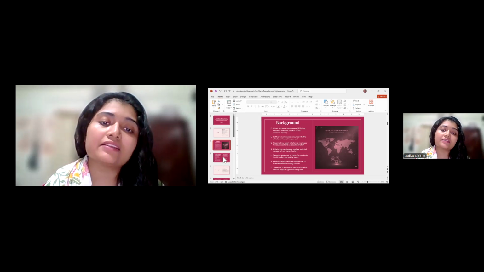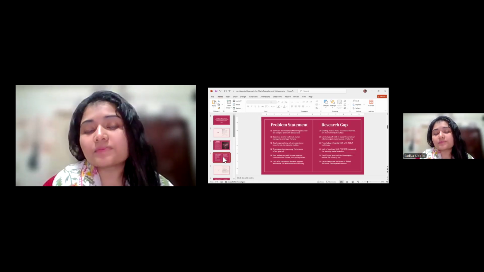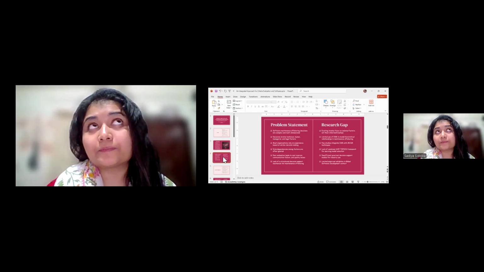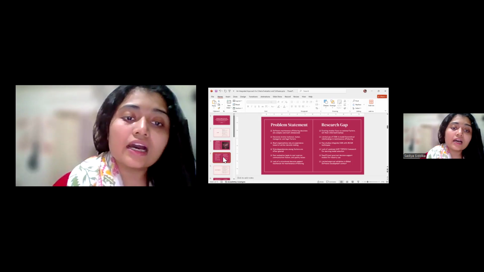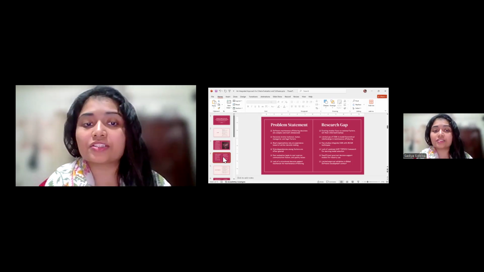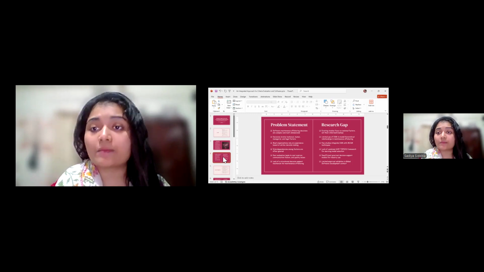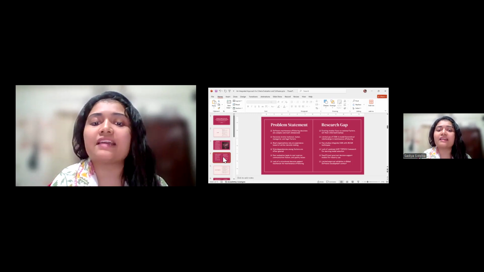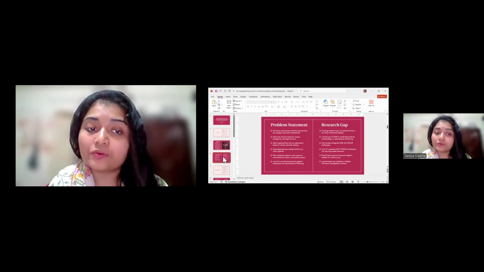The next slide is about the problem statement and research gap. The problem statement of the paper is that software maintenance offshoring decisions are complex and multidimensional. Decisions involve technical, human, managerial, and legal factors.